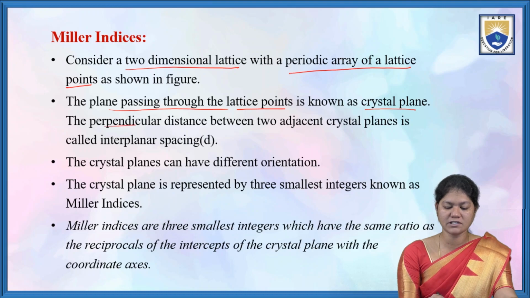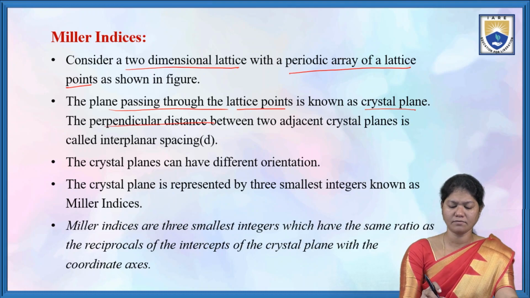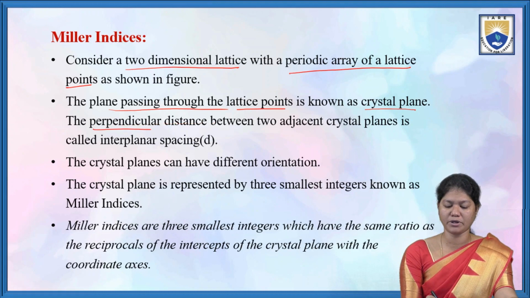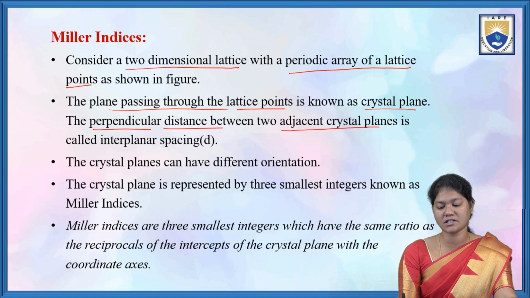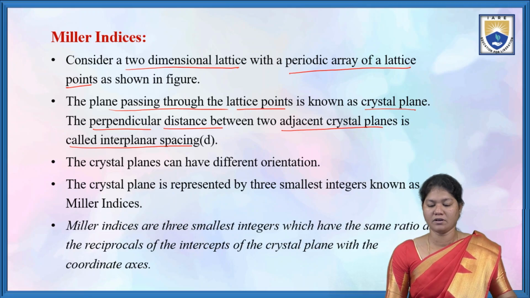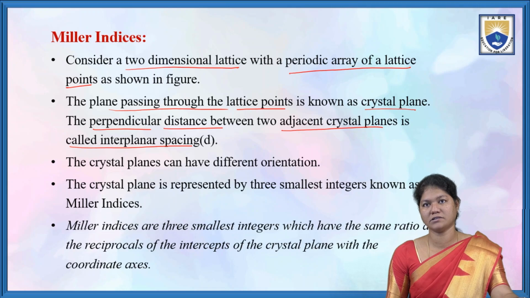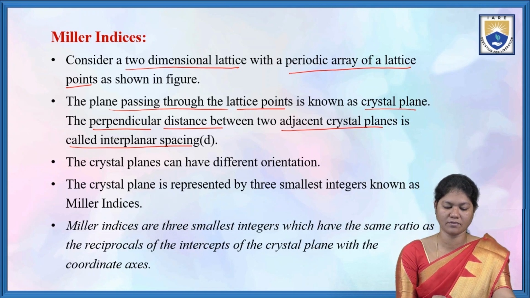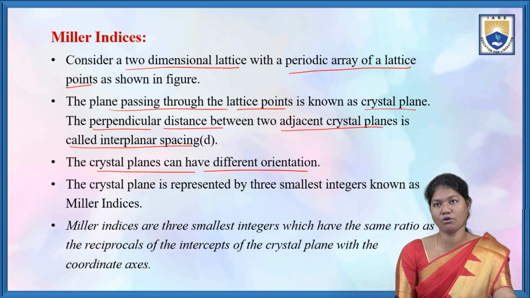The perpendicular distance between two adjacent crystal planes is called the interplanar spacing. In a crystal lattice, this interplanar spacing is the same. Okay, so the crystal planes can have different orientations.